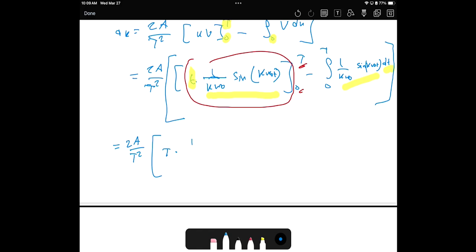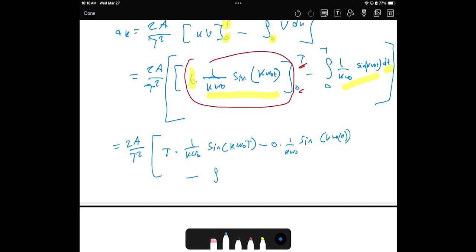So it will be T over k omega naught sine k omega naught T minus t, here will be 0, 1 over k omega naught sine k omega naught 0 times 0. Then after that, don't forget the integral.